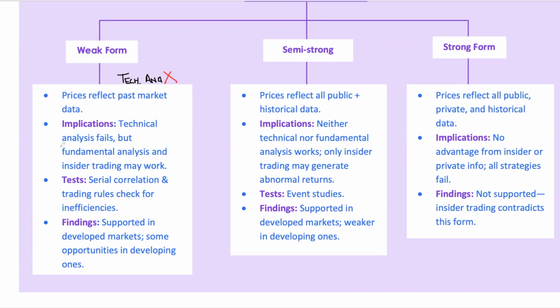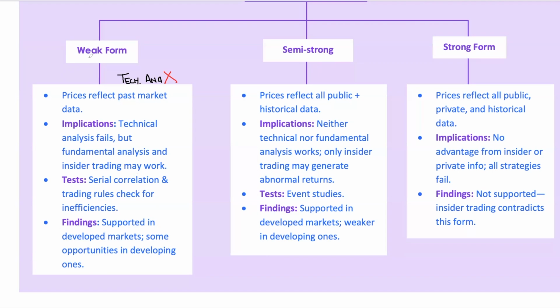However, it doesn't rule out the possibility that using fundamental analysis or even insider info could work. That's because weak form is specifically about past price and volume only. So yeah, technical analysis might still have some life in developing markets where things aren't as efficient, but in developed markets, it's usually a dead end.